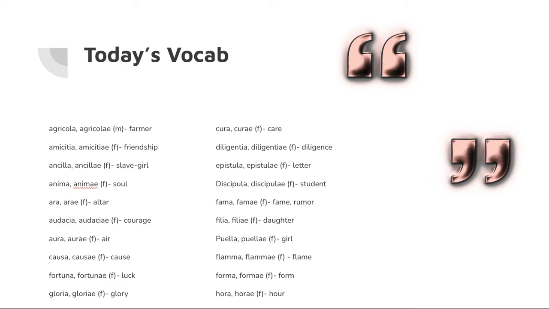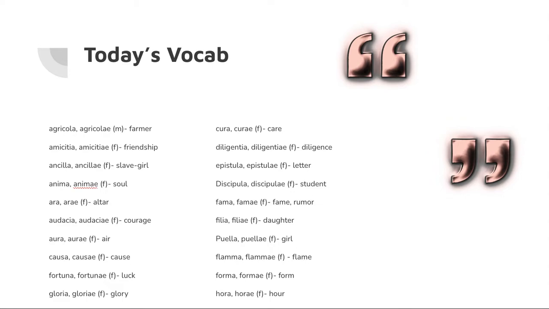Agricola, farmer. Amicitia, friendship. Ancilla, slave girl. Anima, soul. Ara, altar. Audacia, courage. Aura, air. Causa, cause. Fortuna, luck. Gloria, glory. Cura, care.